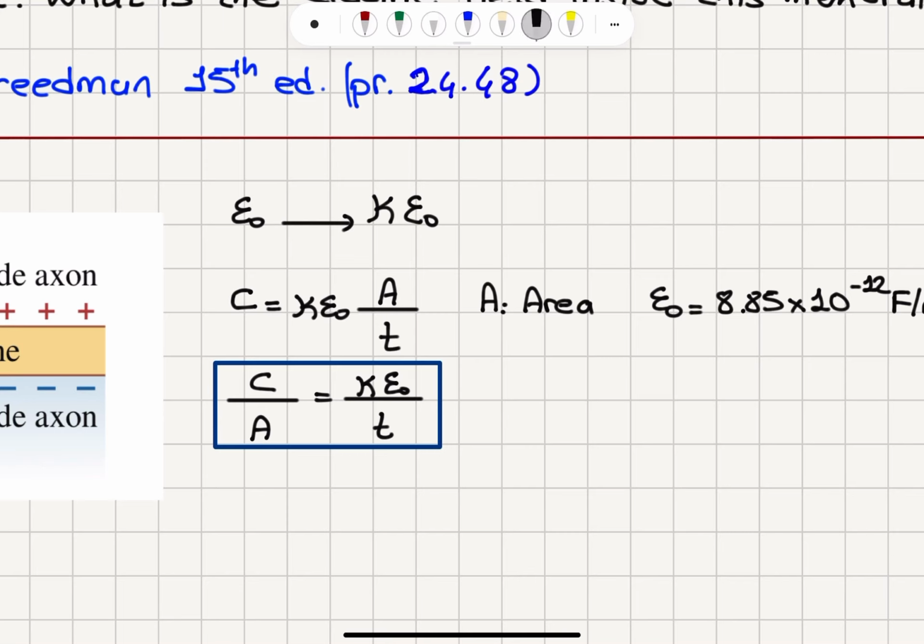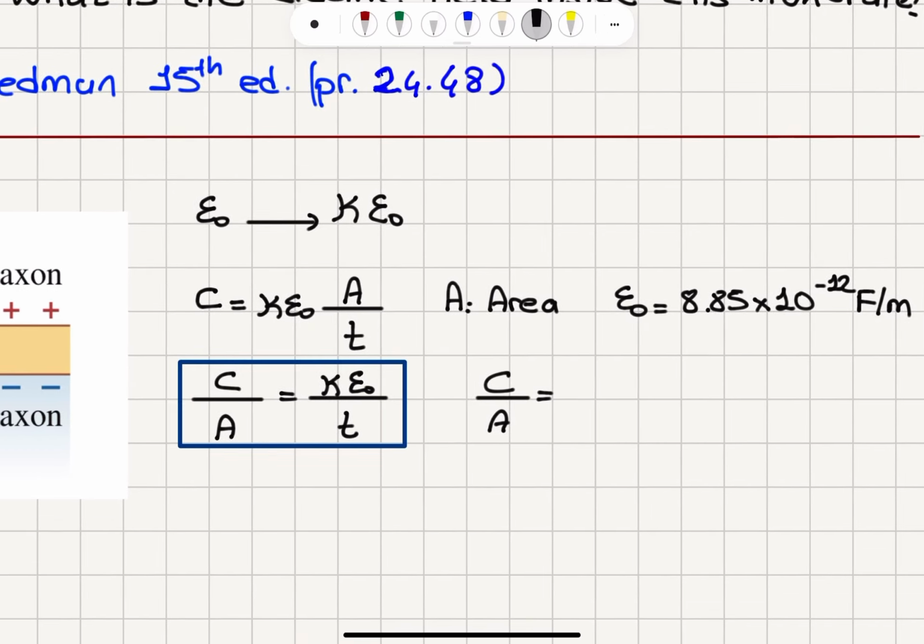And if I substitute the numbers for capacitance per area, I have in SI units, the dielectric constant is 10, which is dimensionless. Then I have permittivity of free space, 8.85 times 10 to minus 12, and 7.5 times 10 to minus 9 meters.